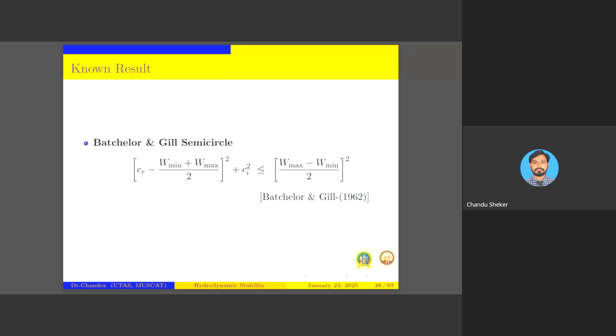So we are locating the values of CR and CI where they exist, above the semicircle. Batchelor and Gill say that the instability region lies within this semicircle. Now we are comparing our results with Batchelor and Gill every time.